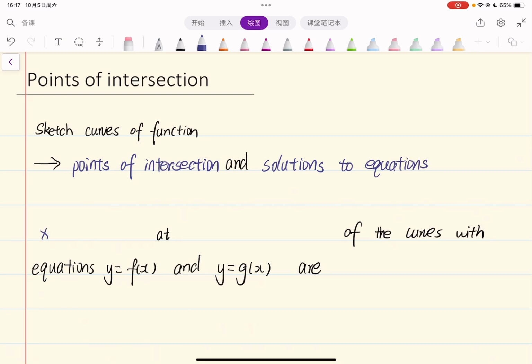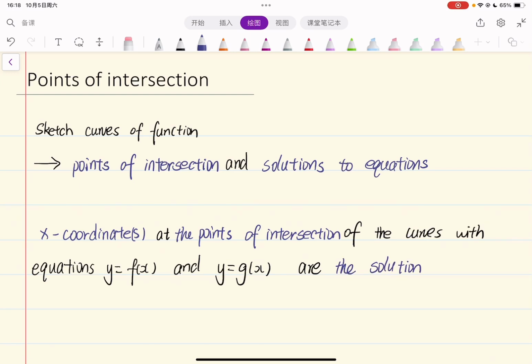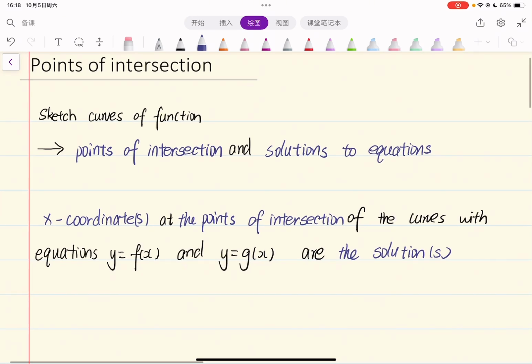They are the x-coordinates at the points of intersection of the curves with equations y equals f(x) and y equals g(x), which are the solutions to the equation f(x) equals g(x).